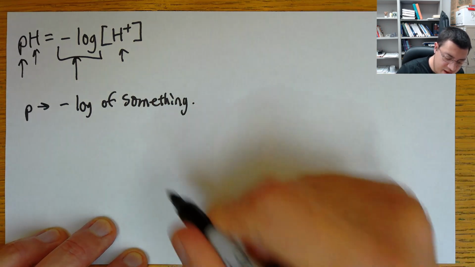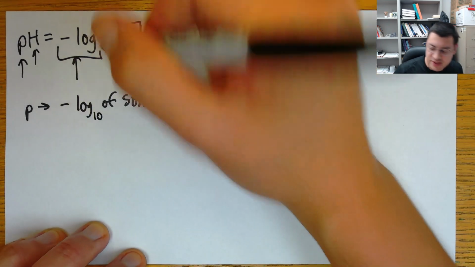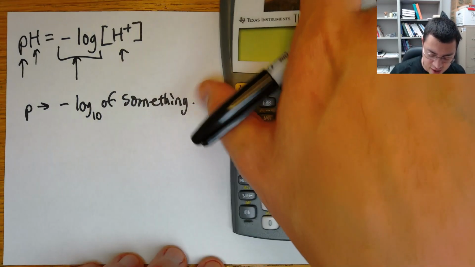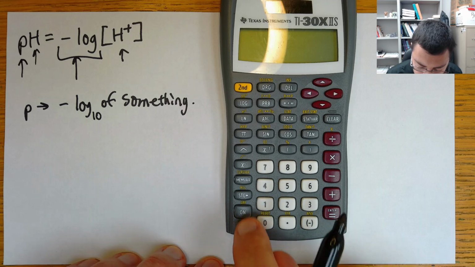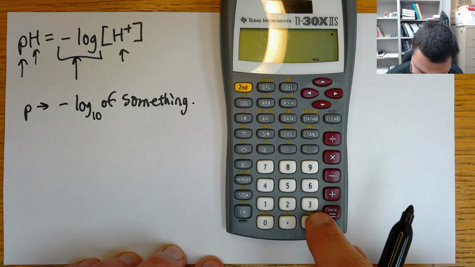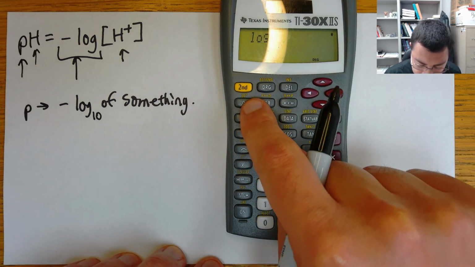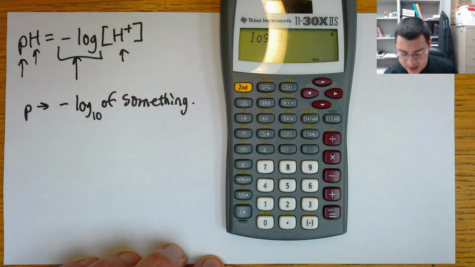Okay, and this is a log base 10. All right, if you don't know what a log base 10 is, that's probably fine for today. On a standard calculator, the log button is right there or something. It's going to say log. That means log base 10.